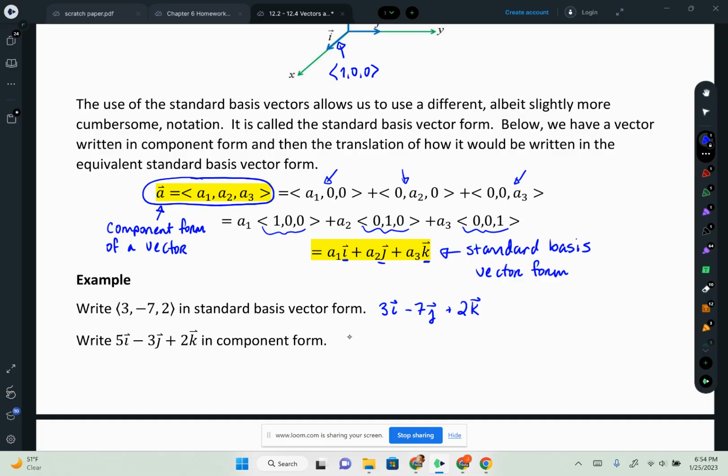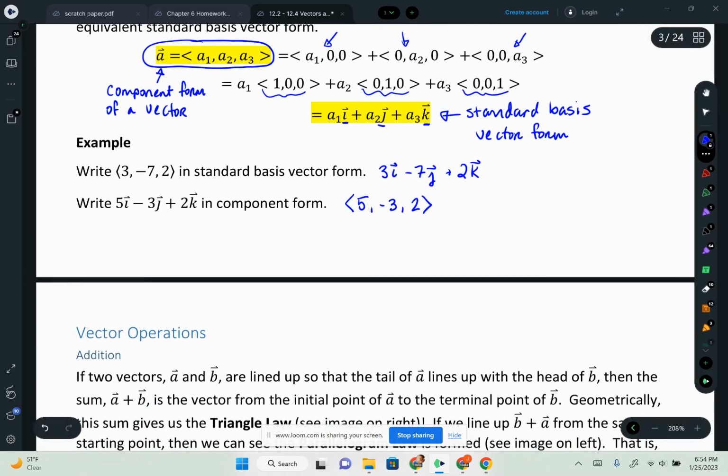So the component form here is going to be angle bracket 5, comma, negative 3, comma, 2. Okay, so just make sure you're comfortable going back and forth, and you can decide which form you like to use best. I'm not going to tell you to use one or the other. Just pick one and get comfortable with it.